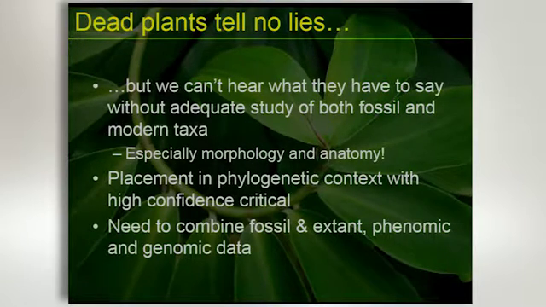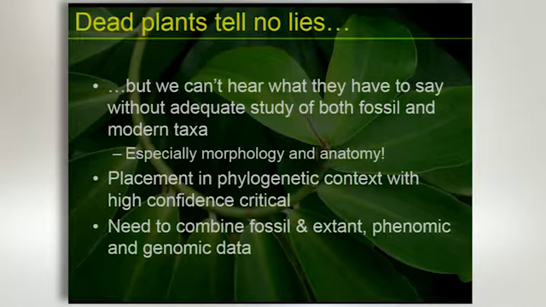And so once we understand this, we can place our fossils into a phylogenetic context with high confidence, and that's critical for making sure that we're interpreting them correctly, and for all these downstream inferences that depend on that, such as the timing and origin of groups and their biogeography, character evolution, that kind of thing.